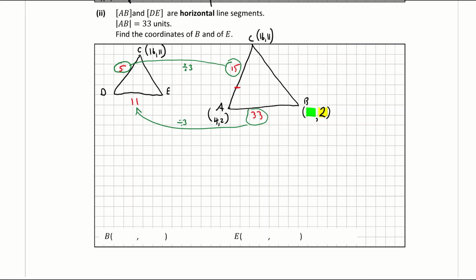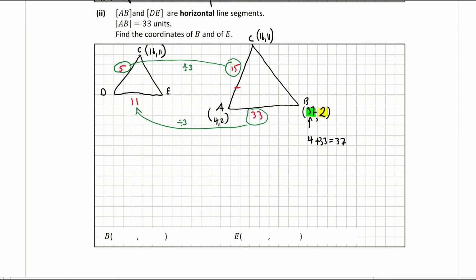But now we have to find the x part. In A, it's 4, 2. But basically what's happening here is I'm going 33 units along that horizontal line. So to get the value of the x, I'm at 4 when I'm at A, and I need to add on 33, which brings me to 37. So the coordinate B is actually going to be 37, 2.